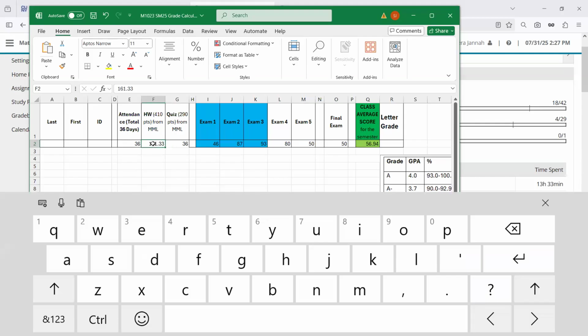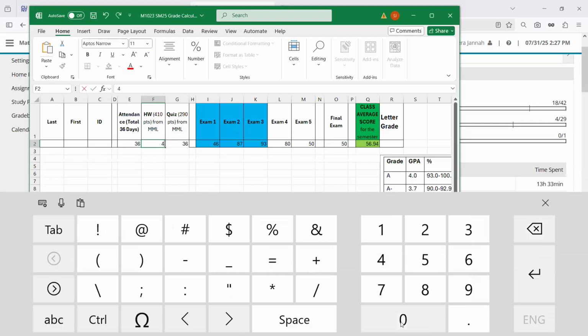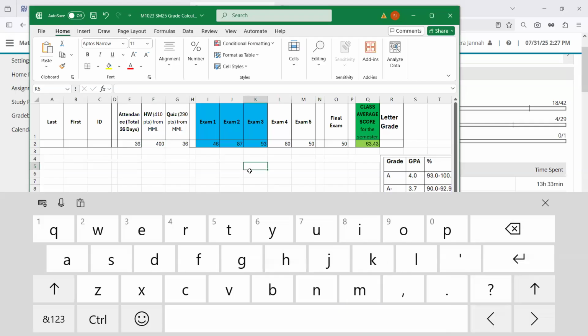Let's say you're stuck in the exam scores, okay? So let me keep the exam scores and let's improve the MyMathLab. Out of 410, let's say you have 400. See? 63, D.